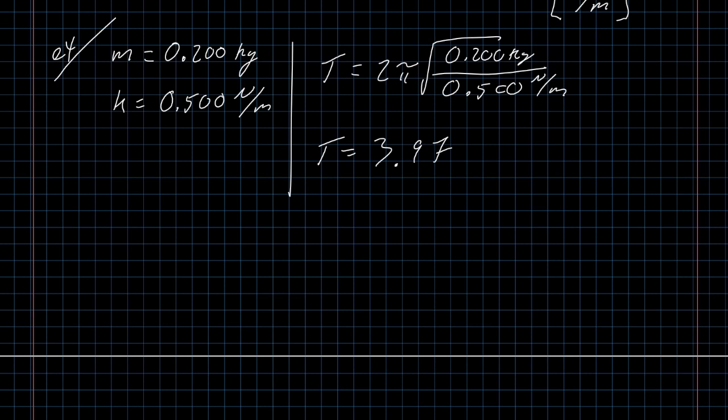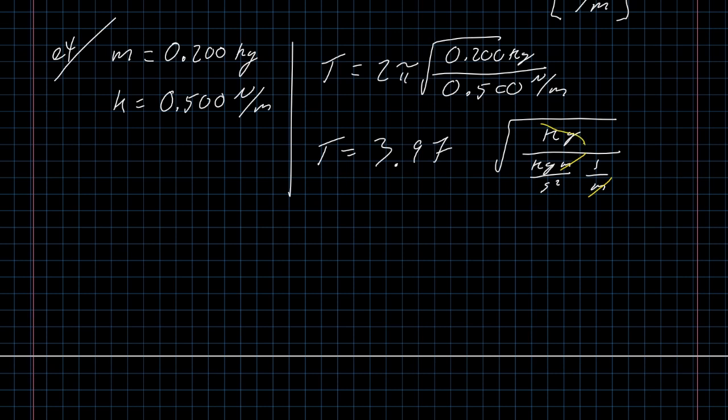And then let's think about the units. Underneath the square root, we've got kilograms in the numerator. We've got newtons per meter in the denominator. Well, a newton is a kilogram meter per second squared. And then we've got 1 over meter. So the meters are going to cancel each other out.